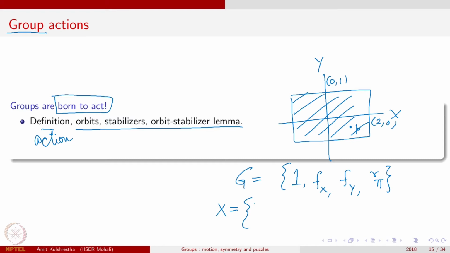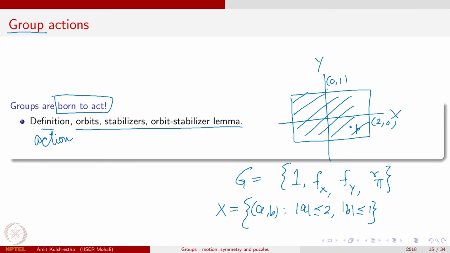Then I consider all those points A, B for which mod of A is less than or equal to 2 and mod of B is less than or equal to 1. That is this rectangle, right? The shaded region along with the boundary, that is X.